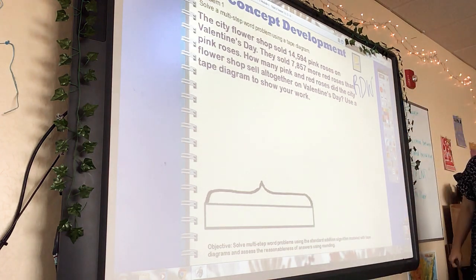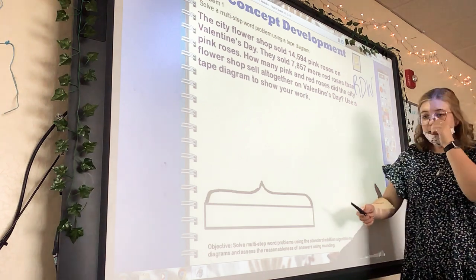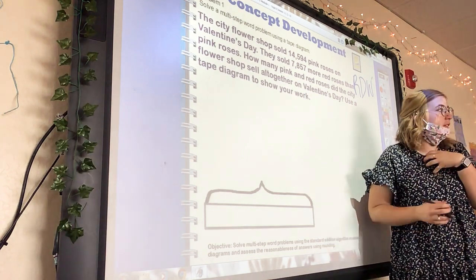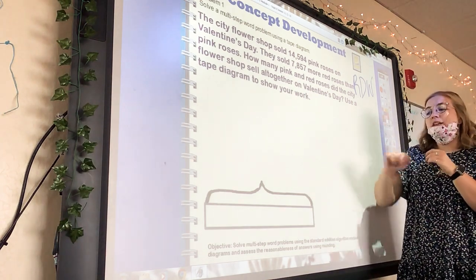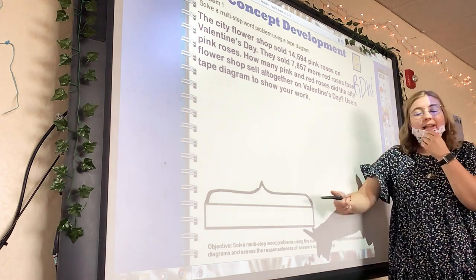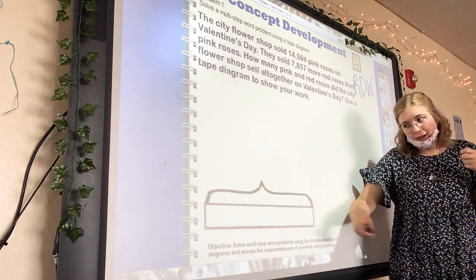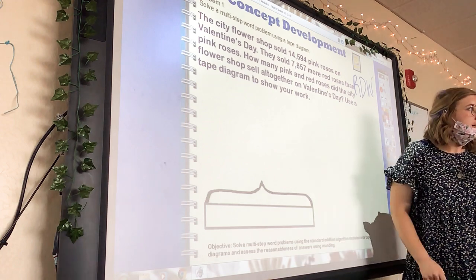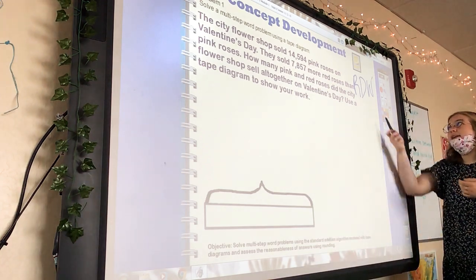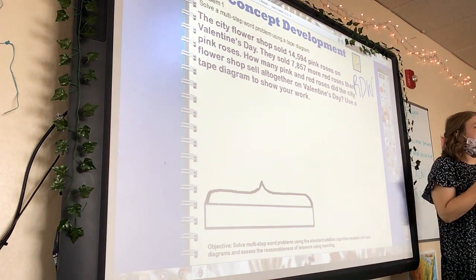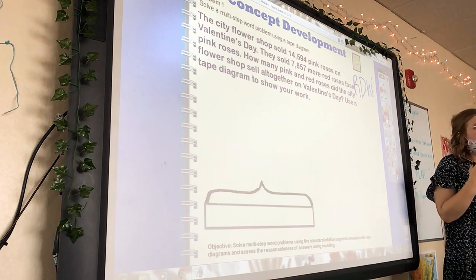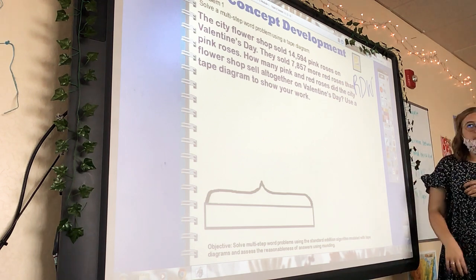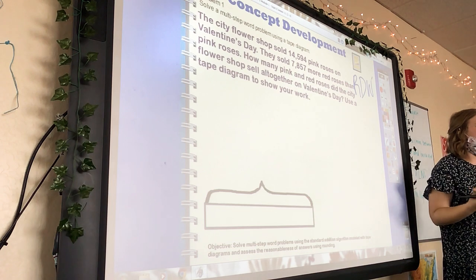So in this case, it's going to be both. I personally like to draw lines under the important information, and then I'll draw like a tape diagram, even though it's already drawn for me, okay? So that's what I'm going to do there. And then write is you're going to write the standard algorithm, right? You're going to write how you're going to solve the problem, then you're going to write your answer. And then boom, you're done, okay?